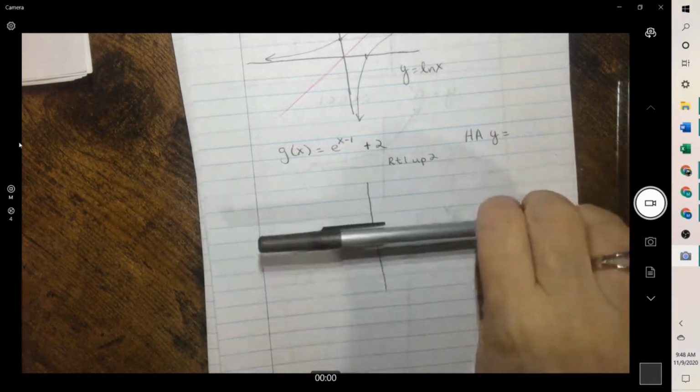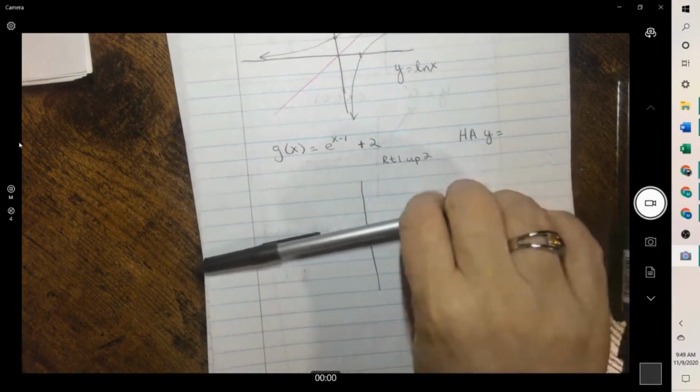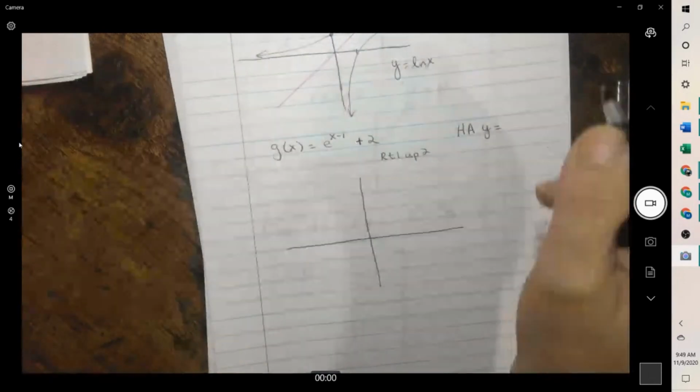The horizontal asymptote, moving right and left doesn't affect it, but it is going to move up 2.